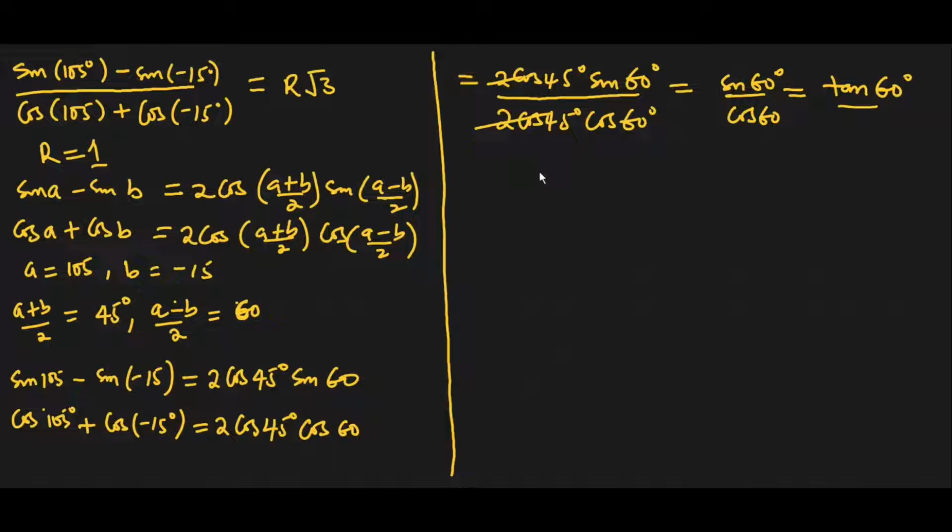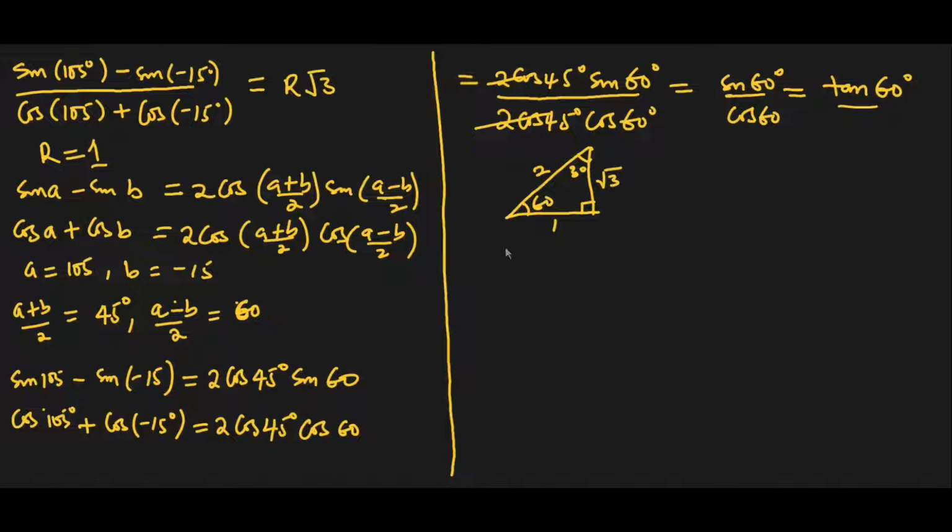Then we need to ask ourselves, how do we find this without calculators? If you recall from the triangle, that if this is 90, this is 60 degrees, and this is 30 degrees, this is 2, this is 1, and then this is root 3.